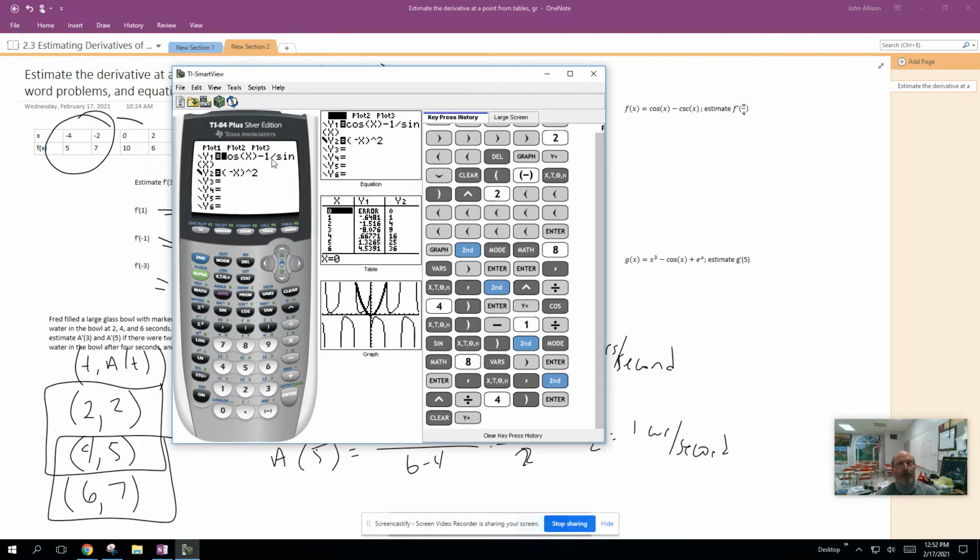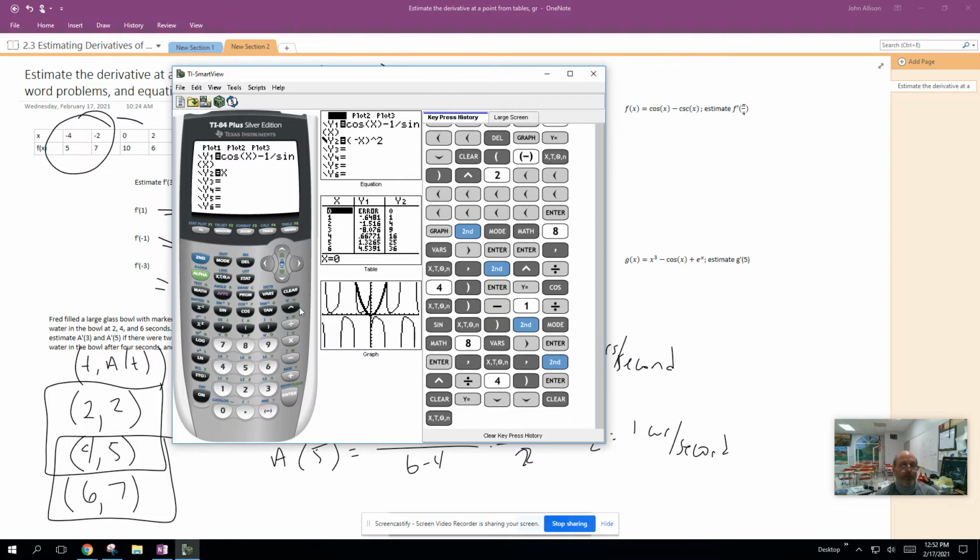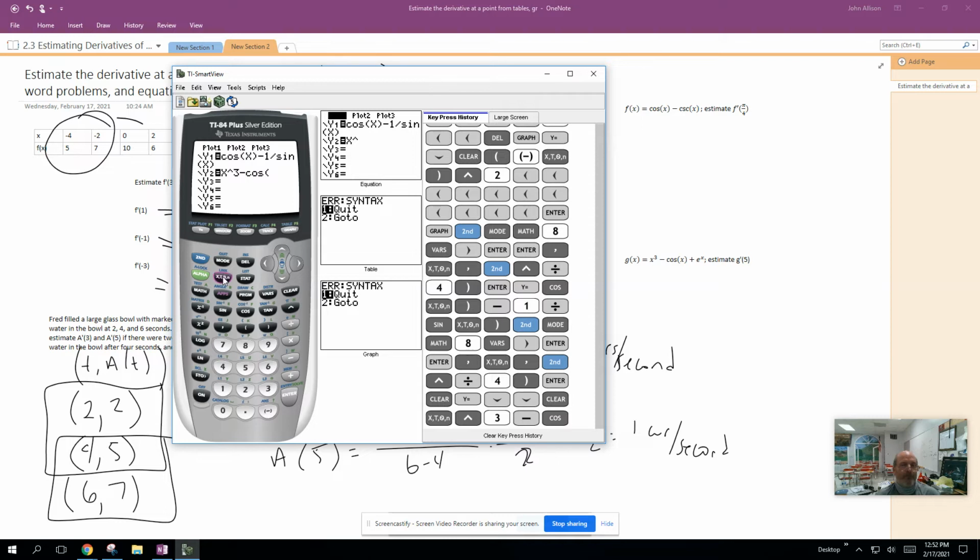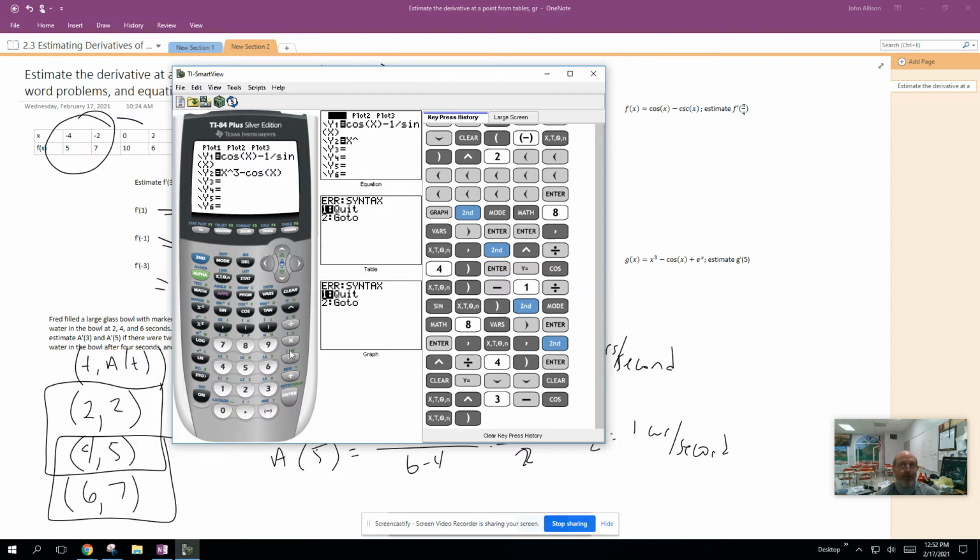So I've entered in y1 cosine x minus 1 over sine x. And in y2, we're going to put this other one here. Well, let's go ahead and put it in there now. So x cubed minus cosine x plus e to the x.